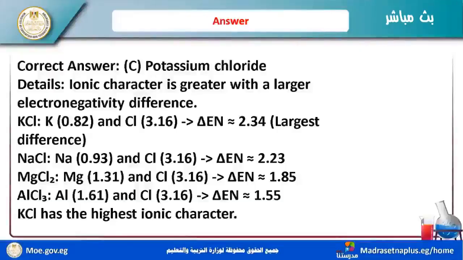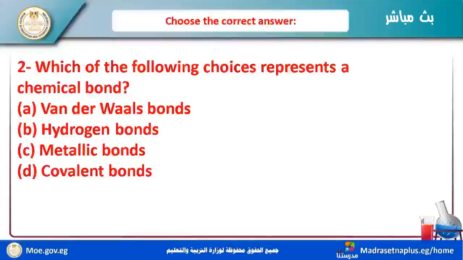MgCl2 is 1.31 and chlorine is 3.16, so the difference is 1.85. And AlCl3, Al is 1.61 and chlorine is 3.16, so the difference is approximately 1.55. So the highest difference in electronegativity is KCl. This shows that KCl, at 2.34, is the largest.